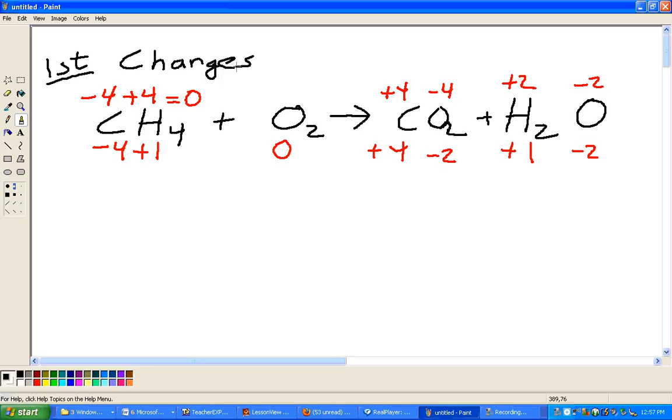When we start dealing with electrochemistry, you got to know what the charges are before you can really figure out what's happening. The second thing we do is we look to see where there are changes.